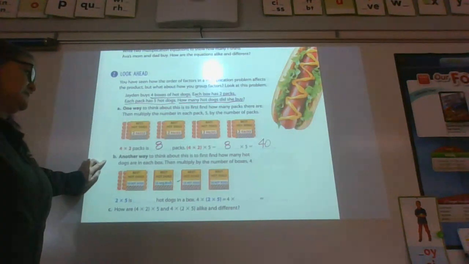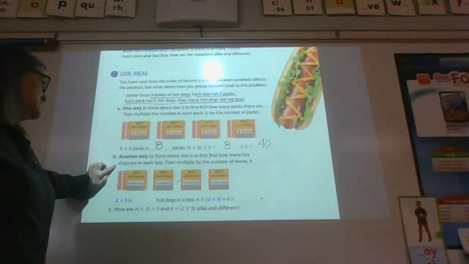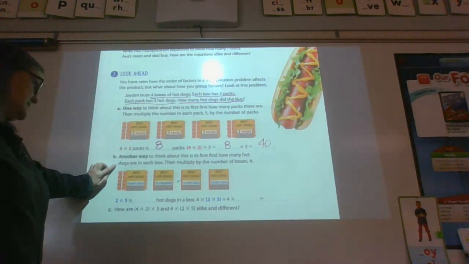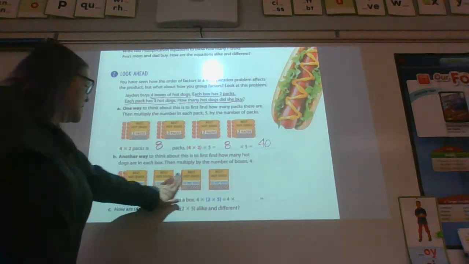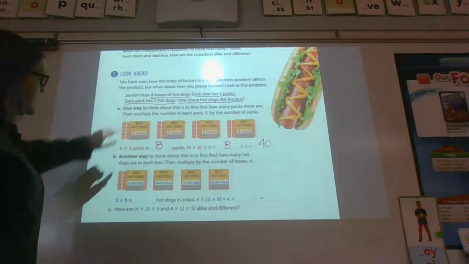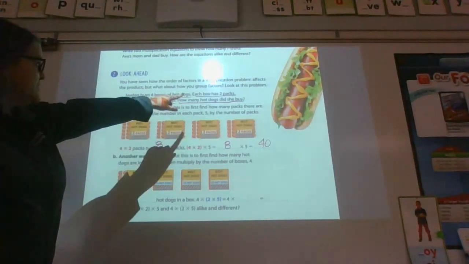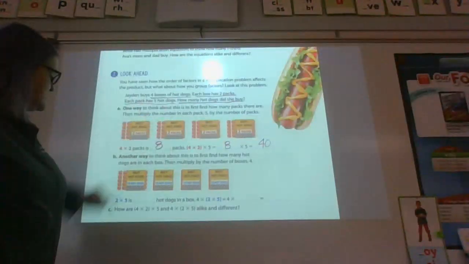Another way to think about this is to first find how many hot dogs are in each box. Then multiply that number by the number of boxes, which is 4. It says up here, each box has 2 packs. Each pack has 5 hot dogs.